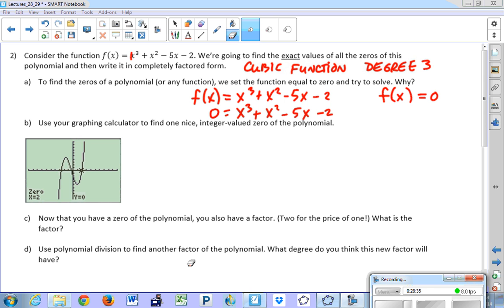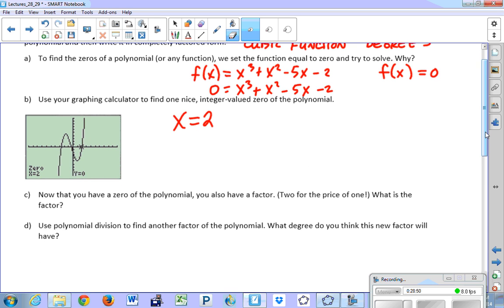So I have found one nice integer zero, x equals 2. Now I have a zero of the function, so I also have a factor of the function. If 2 is a zero, what would the factor be? x minus 2.